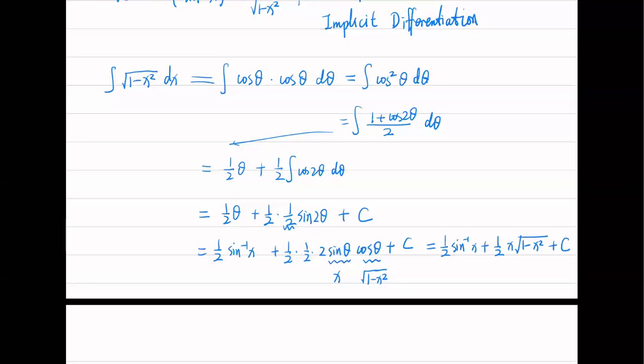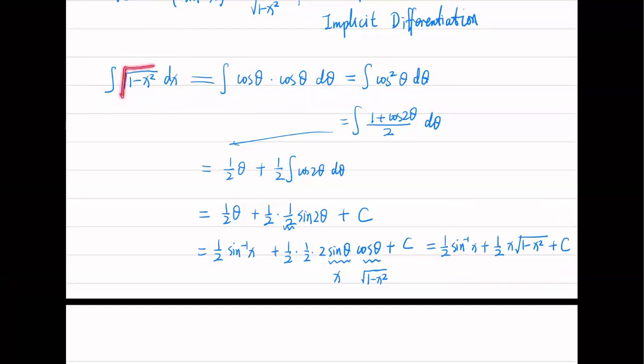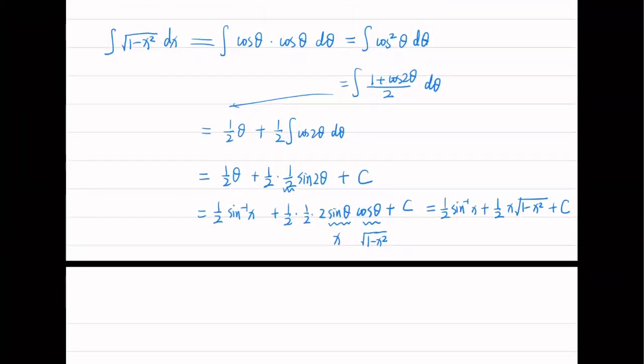Okay, very complicated integral. And this is made possible using this trig substitution. Whenever you see a square root of this, something like this, use a substitution. And a slightly more general case.